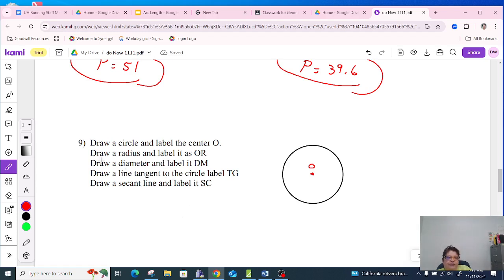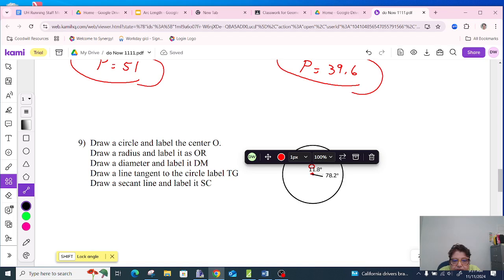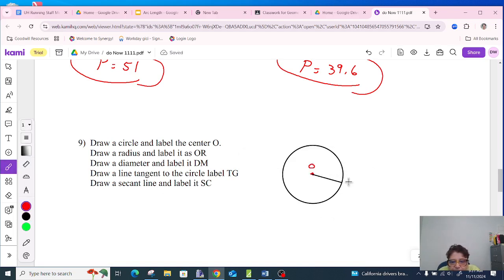It says draw a radius and label it as OR. So the R should be at the end and the O will be at the beginning. So here's O. I'm going to label this as R. I saw some people putting OR just right next to it.